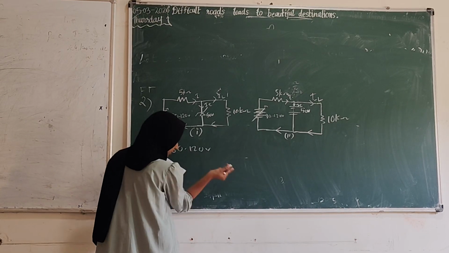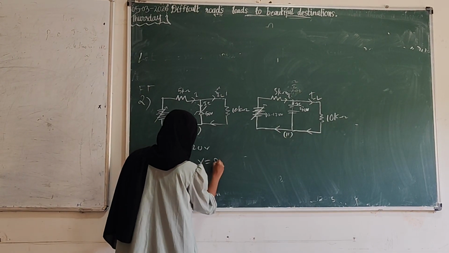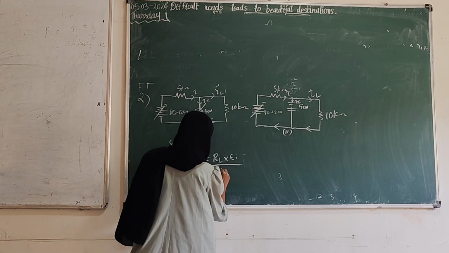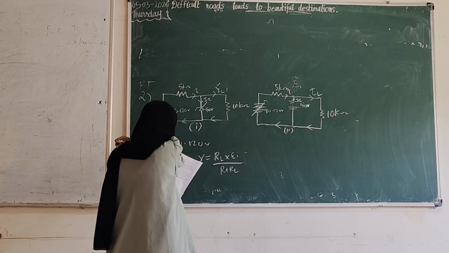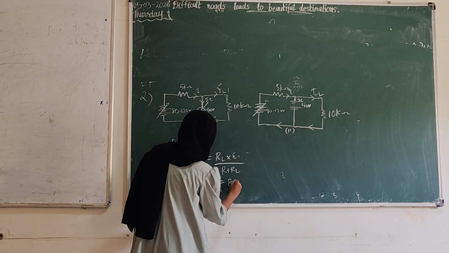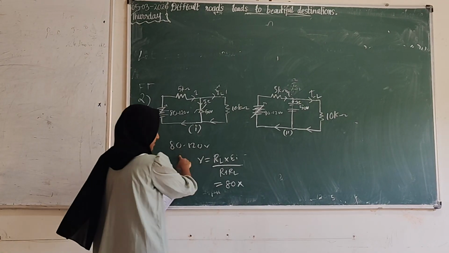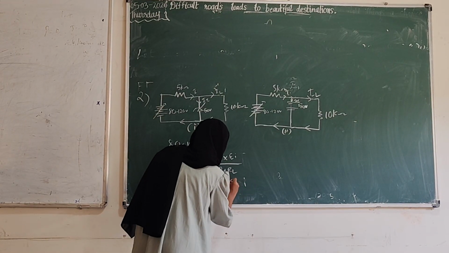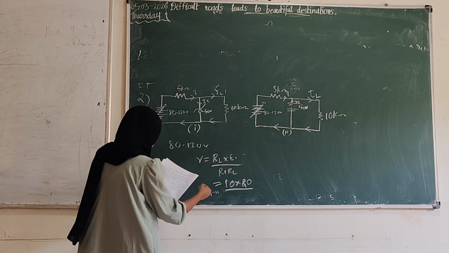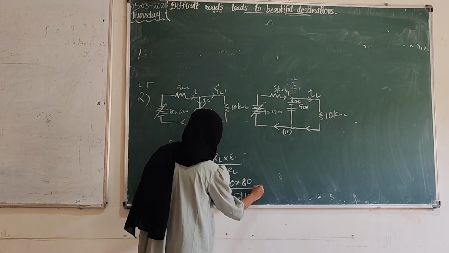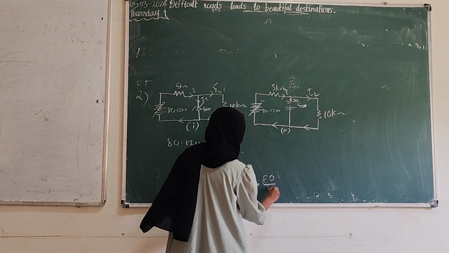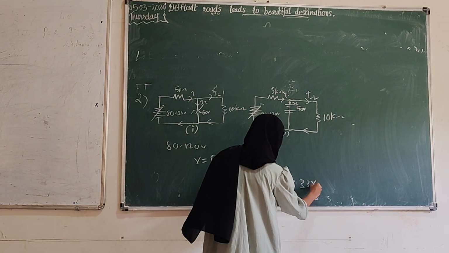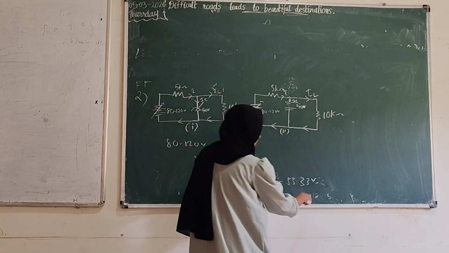From the previous question, we first consider the voltage 80: 80 into 10 by 5 plus 10, that is around 53.33.